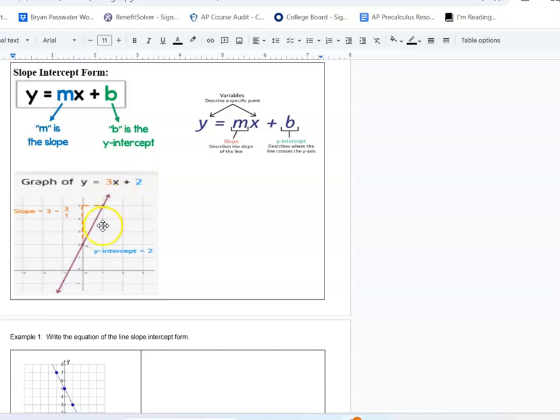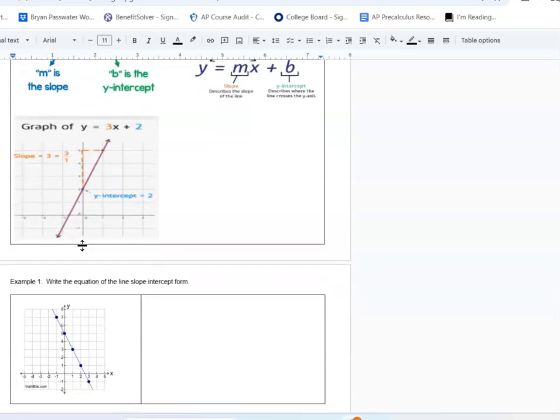The slope is 3, because for every 3 spaces you go up, it goes 1 across. So it's going up pretty high. And then the b, meaning the number that is not being multiplied times x, is the y-intercept. So in this example, the y-intercept is 2, because this burgundy line crosses the vertical line right here at the number 2. Okay, that is that.